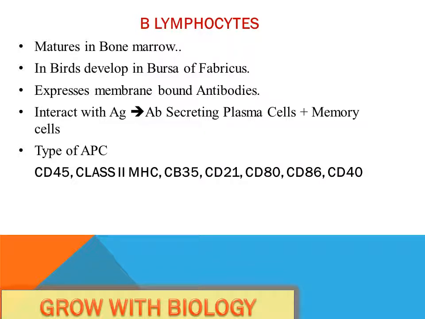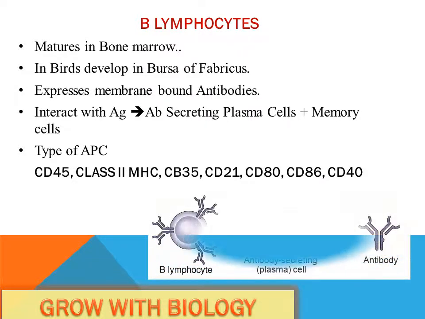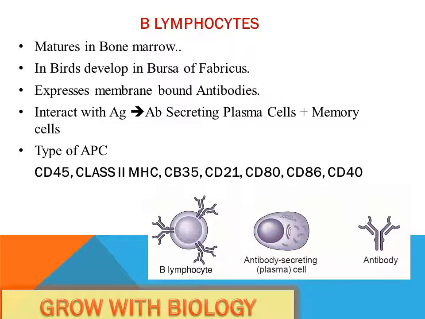It is a type of APC, antigen presenting cell. The markers which B cell expresses are CD45, class 2 MHC, CD35, CD21, CD80, CD86 and CD40. This is B lymphocytes.